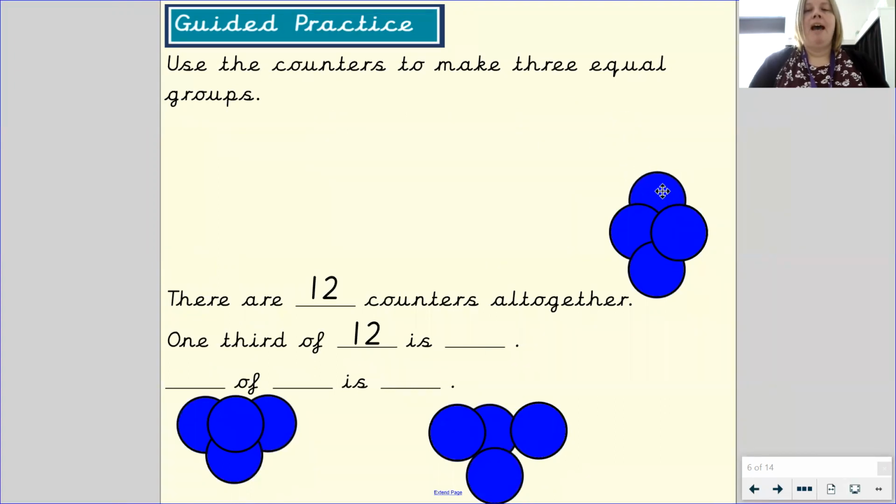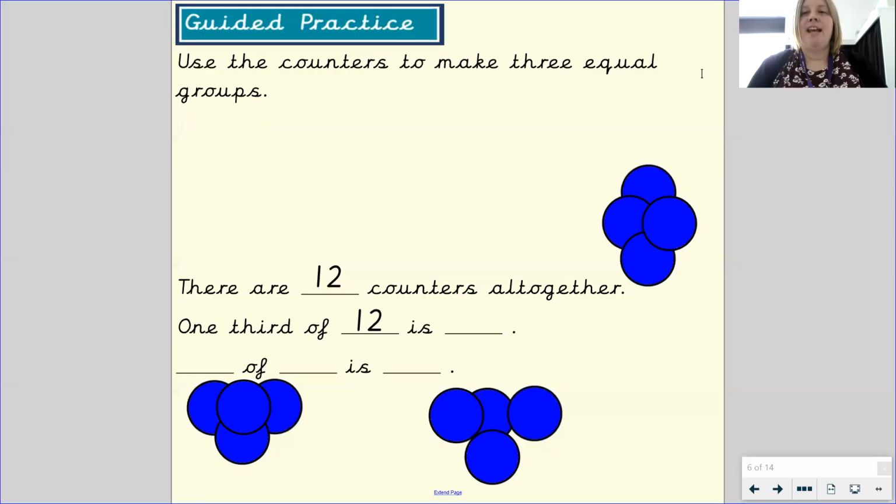So, how many counters were in each group? If I count how many counters are in each group, we will find our answer. Let's go. 1, 2, 3, 4. So 1/3 of 12 is 4.